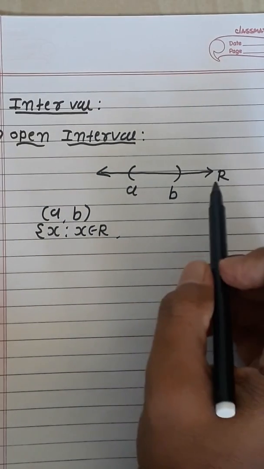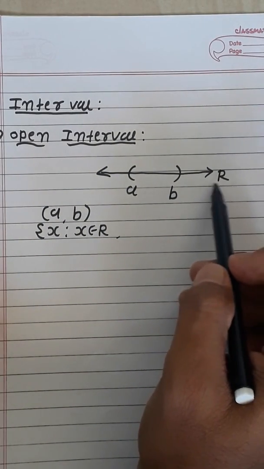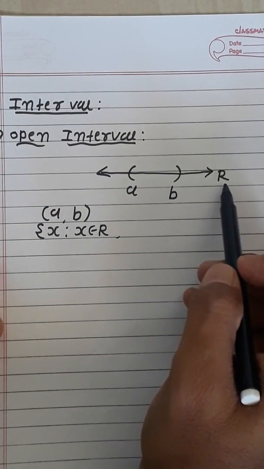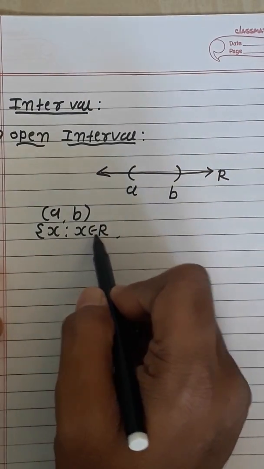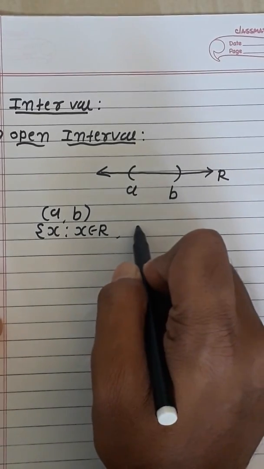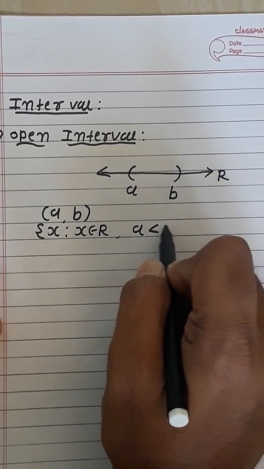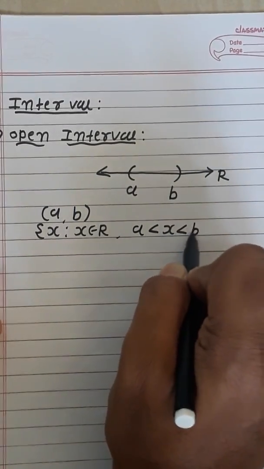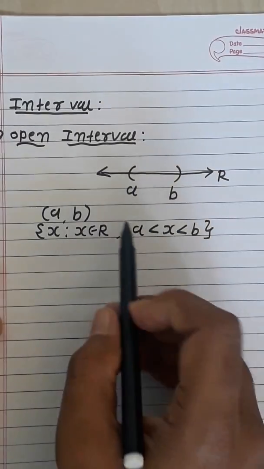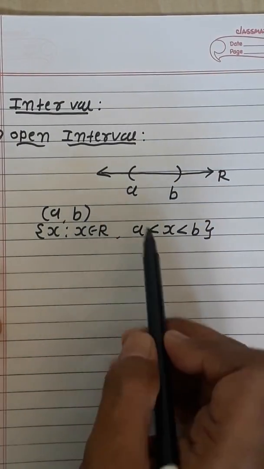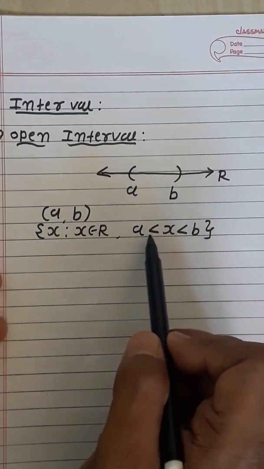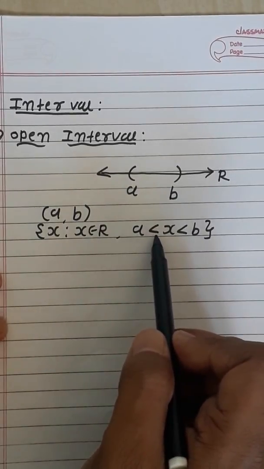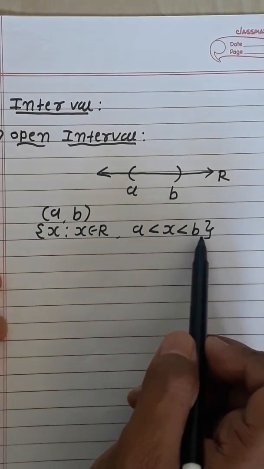Here we have discussed the real number line R, so we consider the element x belongs to R, denoted by A less than x less than B. Open interval uses strictly less than, so A strictly less than x strictly less than B.